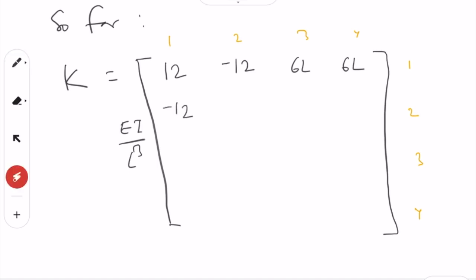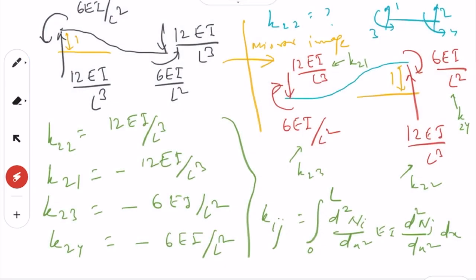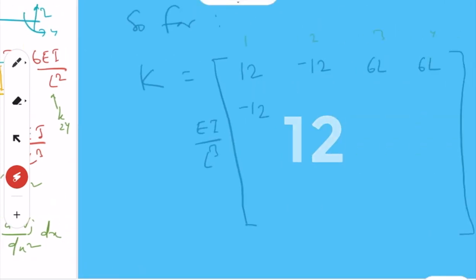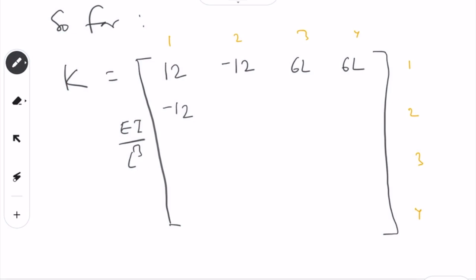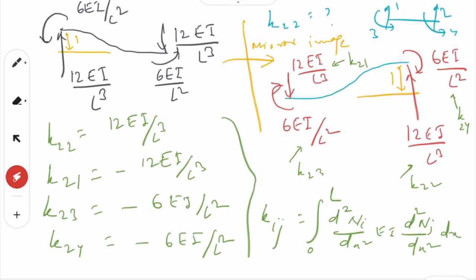Symmetric, because from the equation you can see that K12 or K21 should give you the same value. So this will be symmetric, and here minus, we get 6L. Now, the second one we get minus 12, and here we get 12, and the other we got minus 6EI over L square.